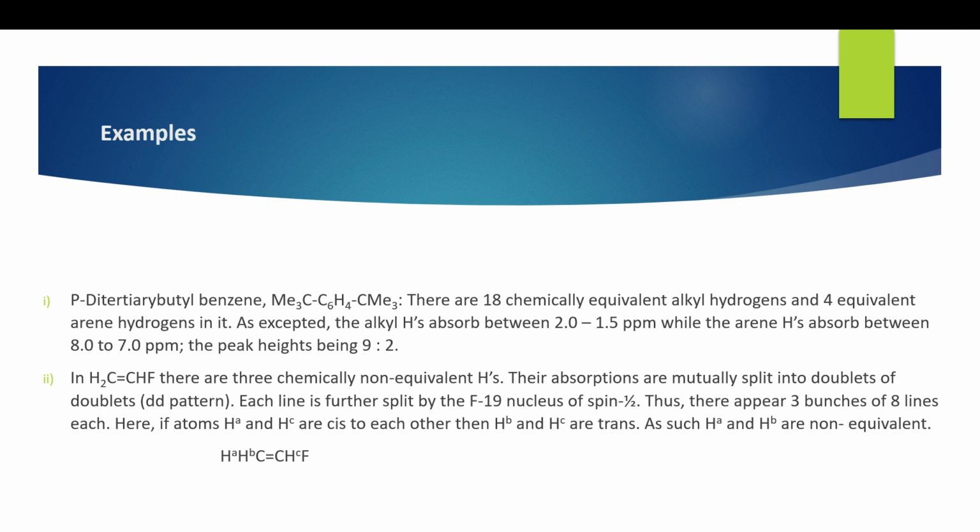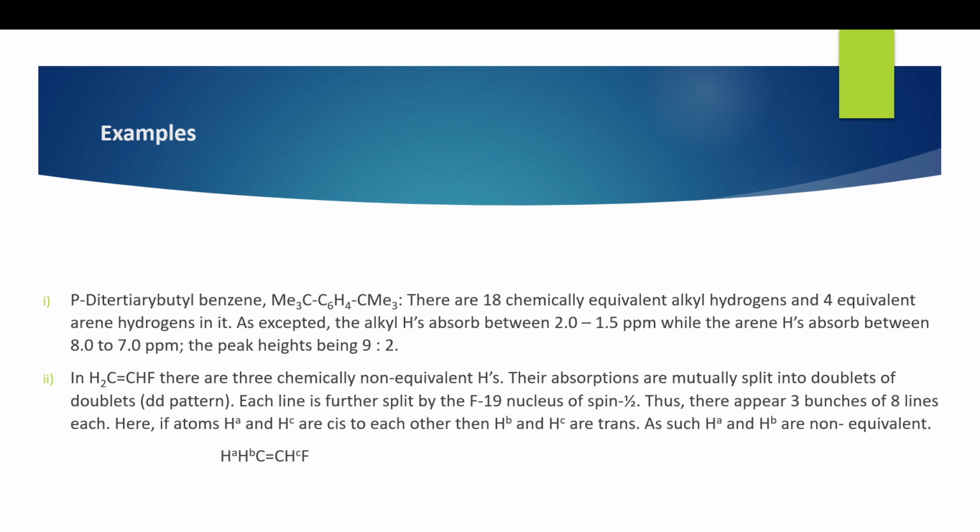Another example, CH2=CHF, fluoroethylene. It seems that there are only two types of hydrogens, but not. There are three types of hydrogens. Of the CH2 part, one hydrogen is cis to fluorine, while the other hydrogen is trans to fluorine. So this simple molecule, CH2 double bond CHF, has three chemically non-equivalent hydrogens.